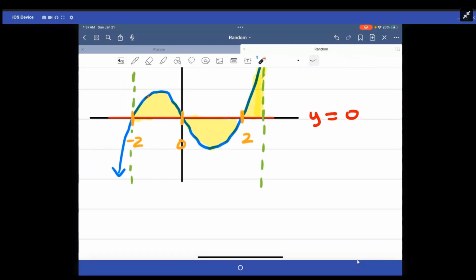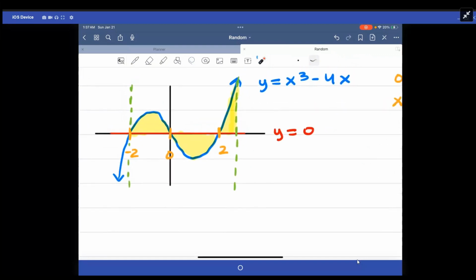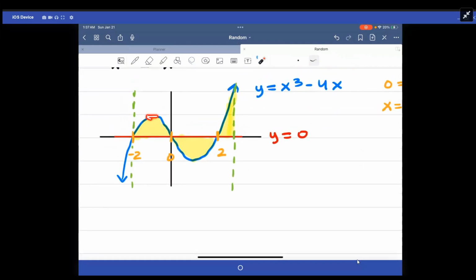And because you're making a bunch of these tiny little lines from -2 to 0, the change in this is dx.